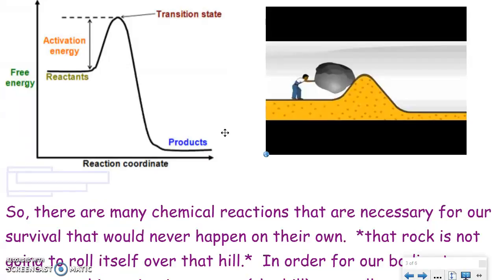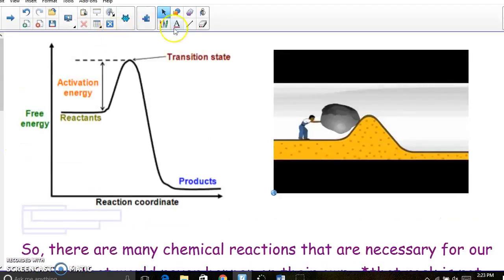Now here's what happens. Let me see if I can pull up my pen. How an enzyme works is it doesn't supply that activation energy. That's not how it works. What it does is it makes the chemical reaction happen easier. So what it does is it lowers that activation energy.